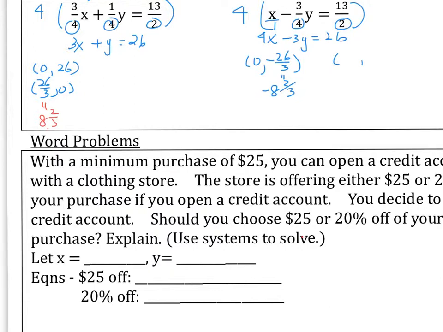And when y is 0, x would be 26 over 4, and then we can simplify that to be 13 over 2, and we can rewrite that as 6.5.